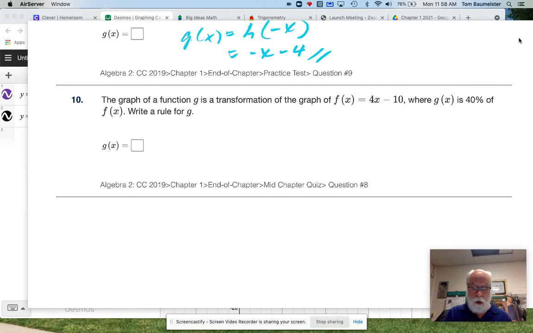Number 10. The graph of a function g is the transformation of the graph of f of x is equal to 4x minus 10. Our g of x is 40% of f of x. Write a rule for g. Remember, the word of means times.